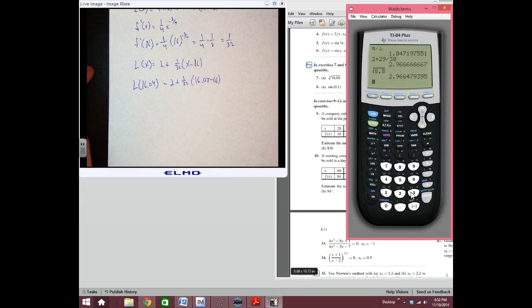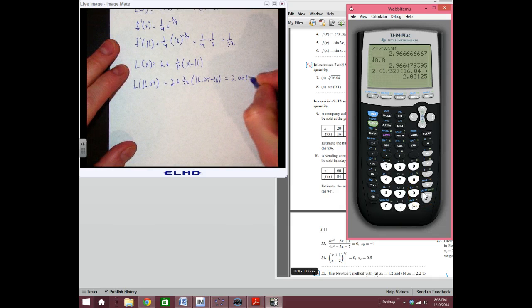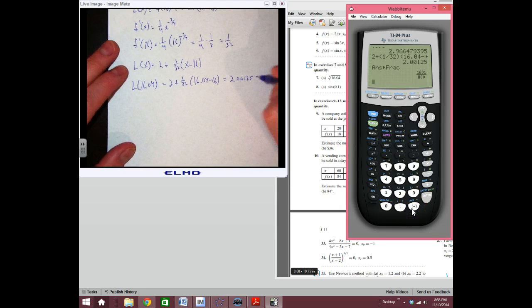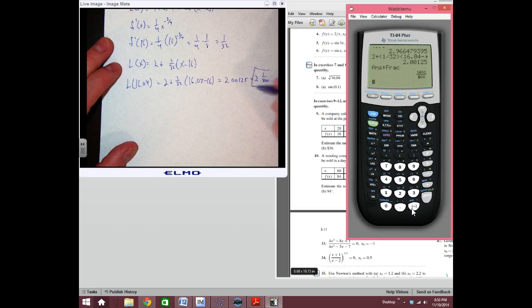So that's 2.00125, or as a fraction, 2 1/800ths. So that's our approximation.